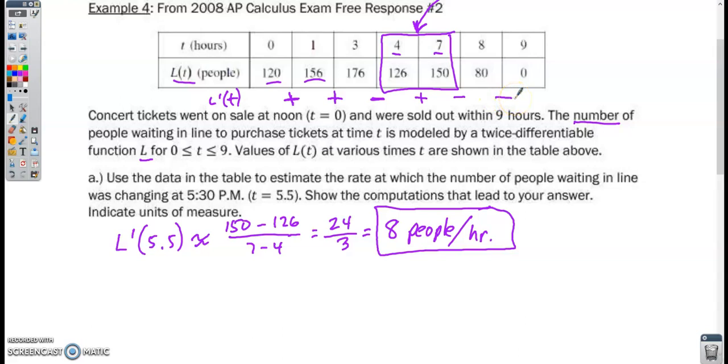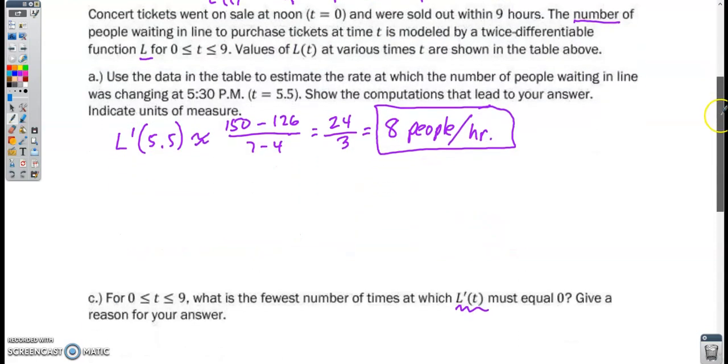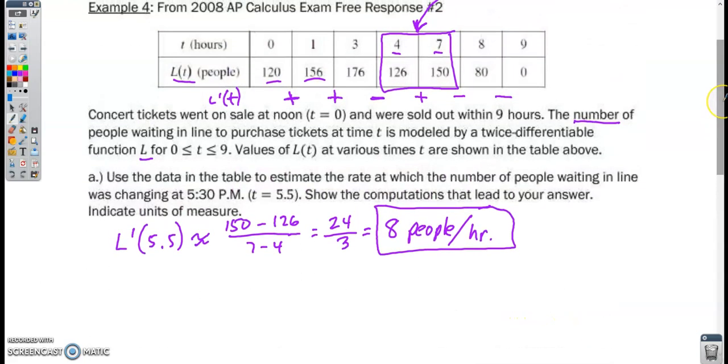Okay, so what does this information tell us? Well, the question asks us what is the fewest number of times at which L prime of t must equal 0. So we are assuming that this function is as well behaved as possible. In other words, when the derivative is positive in at least one point in an interval, then it's positive in the entire interval.